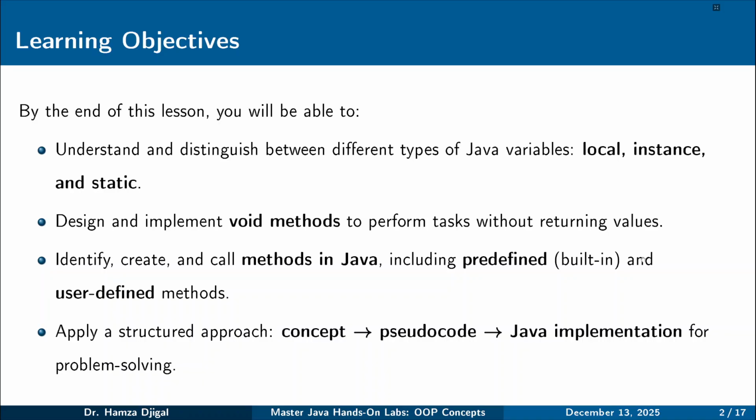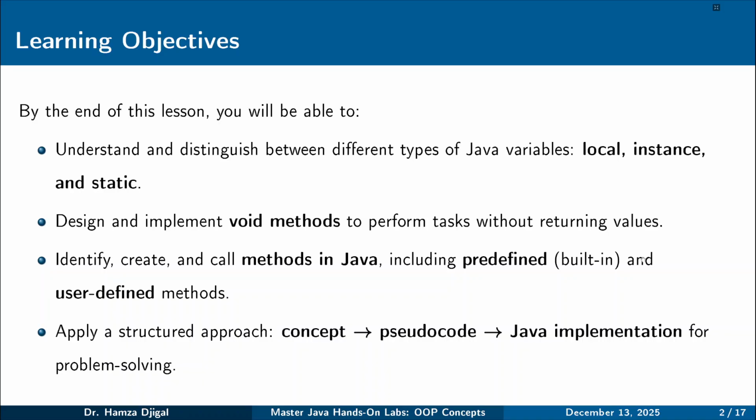This means methods defined inside a specific class that we don't have to implement. We can just use them. For instance, we can call the Math class that contains a lot of mathematical functions or methods inside. We also have user-defined methods. These are methods that we define ourselves.